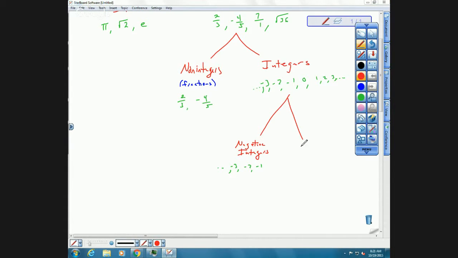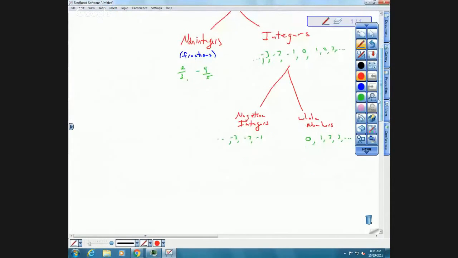And then 0, 1, 2, 3 would be your whole numbers, and they keep going. So we broke apart the negatives, and there's one more thing we can break apart. When you start counting, what do you start counting at? 1. So 0 is in its own little category here.